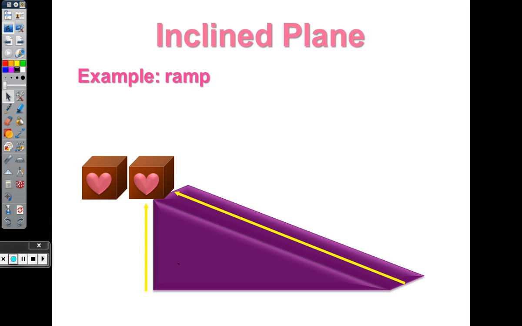Height versus length is another way to look at it. So the distance resistance is the height, which means that the length of the ramp is going to be the distance effort. That's right. It's going to be our DE.